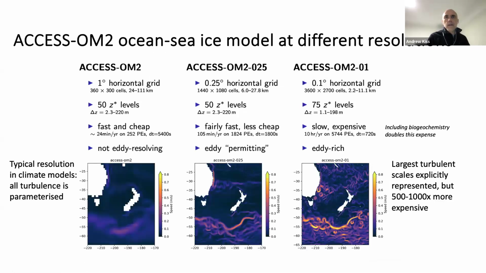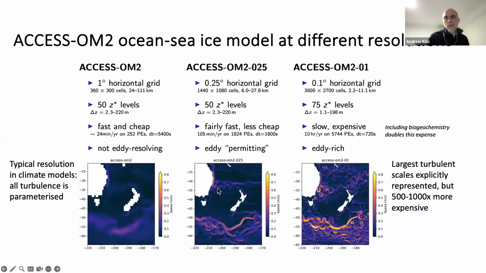Even so, it's very hard to get high resolution in climate models. These are 3 different resolutions of the same model. The left-hand one has a resolution of around 100 kilometers, and that's actually typical of climate models. Then there's what's called eddy permitting, which is about 25 kilometers resolution.